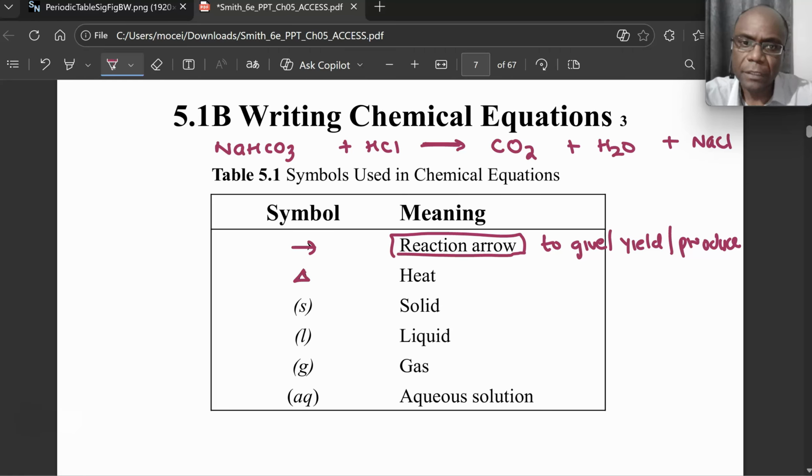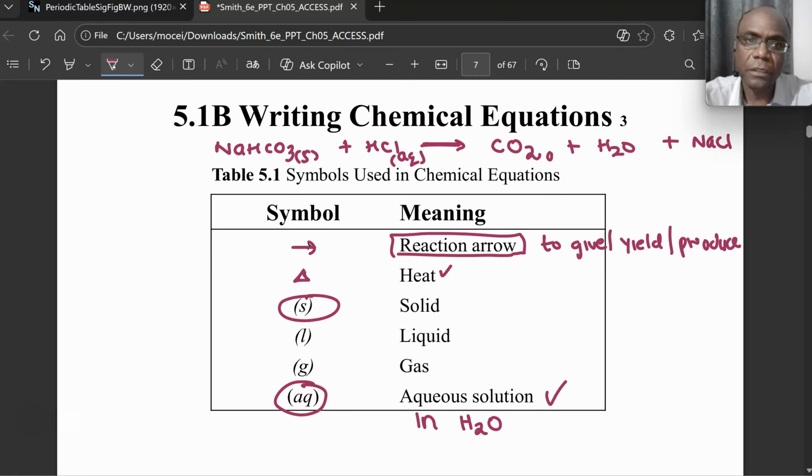Whenever you have a triangle in the reaction, that's just the symbol of heat. Now suppose that I have sodium bicarbonate in solid state. I put it as a subscript, so that's what S means. Suppose this is HCl in water, so it's going to be aqueous solution. Aqueous just means the chemical is in water, like aqua.